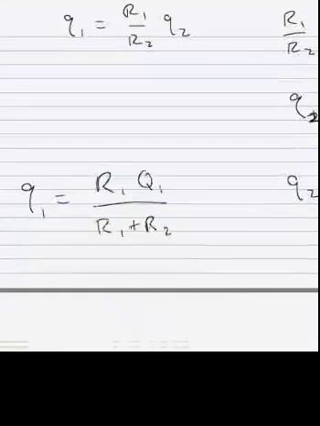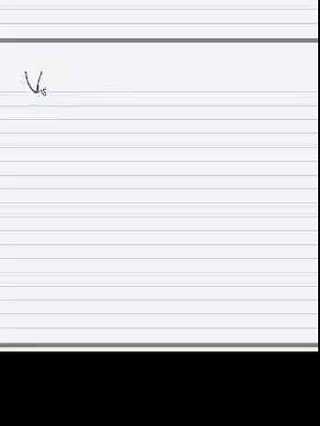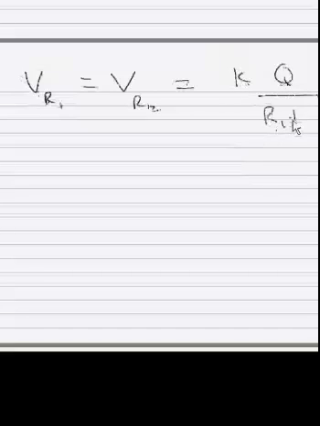So the question is, what is the potential? We know how the charges split now. We know q1 and q2. They want to know what the potential is and what the electric field is. So the potential at R1 is going to equal the potential at R2, and that's going to equal K Q over R1 plus R2.